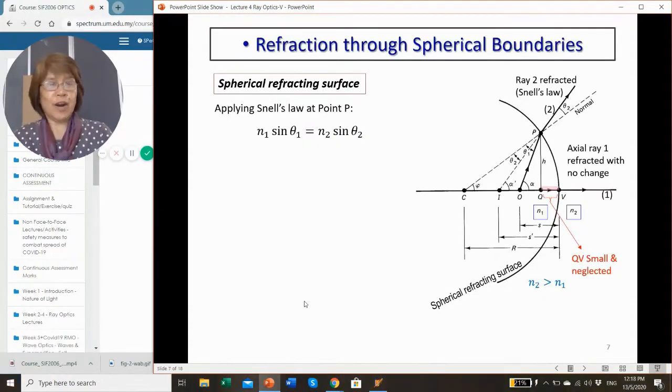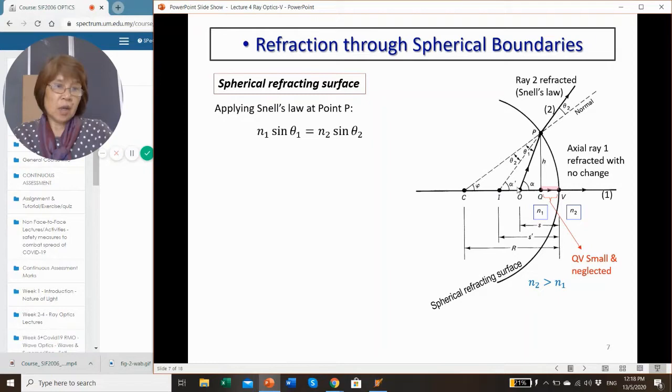Let's derive the refraction equation for a spherical boundary. So let's consider the optical axis here, and this is our refracting surface or interface, and it is a circle. A part of a circle is an arc that we draw, whereby this will be the center of curvature.